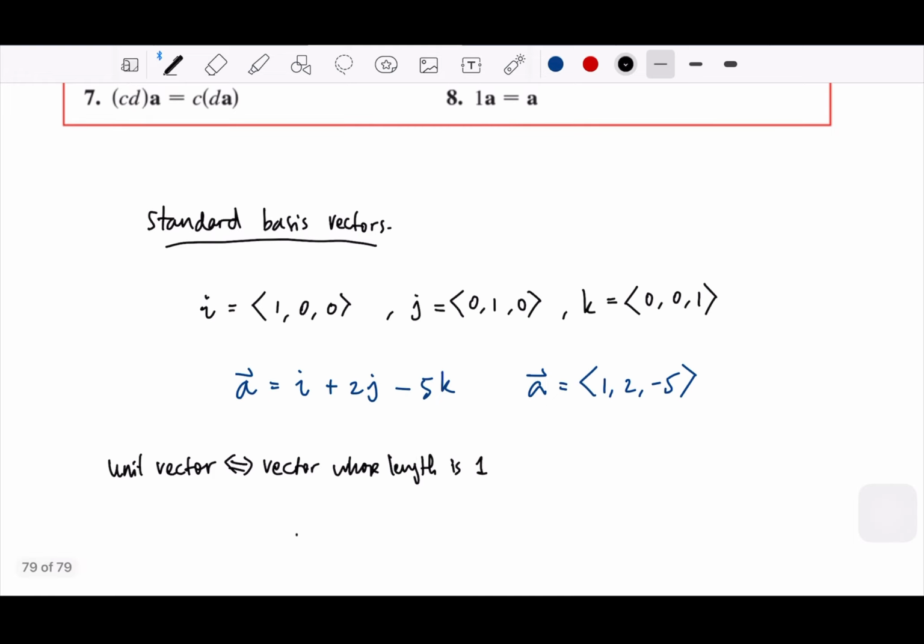Let's say u is a unit vector, it's described as vector A divided by its magnitude value. So we will get the unit vector if you divide the vector by its magnitude value.